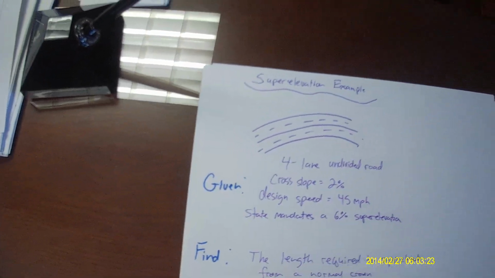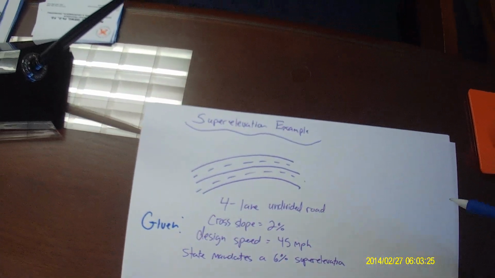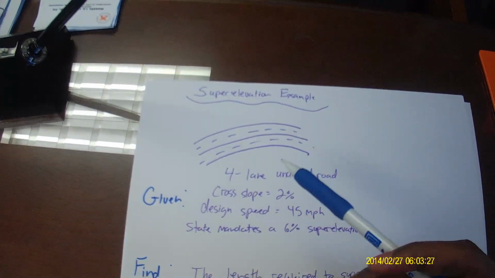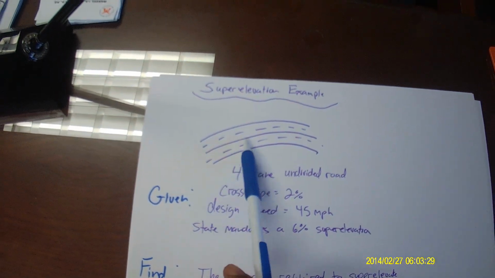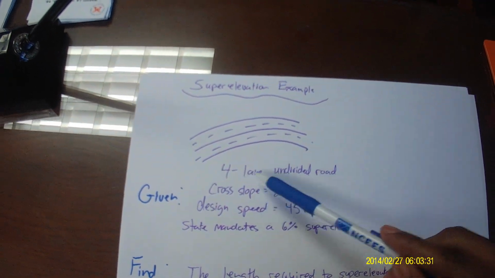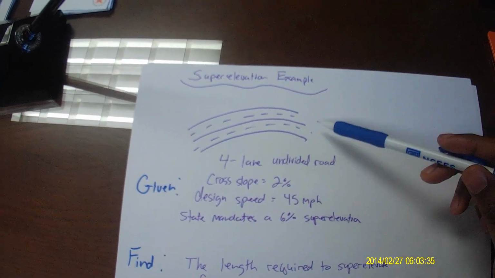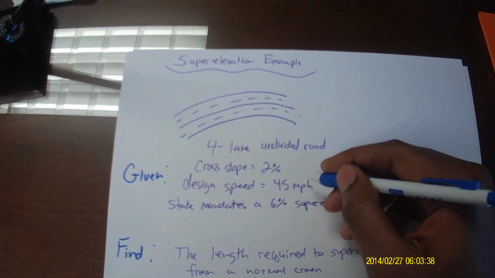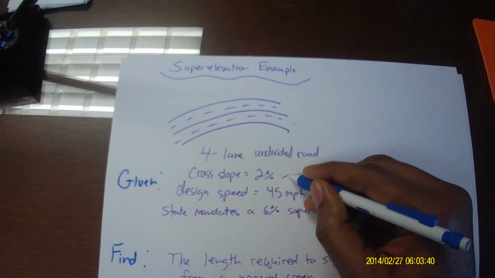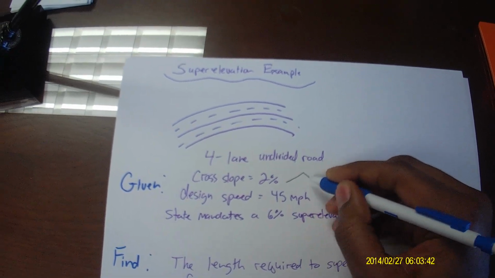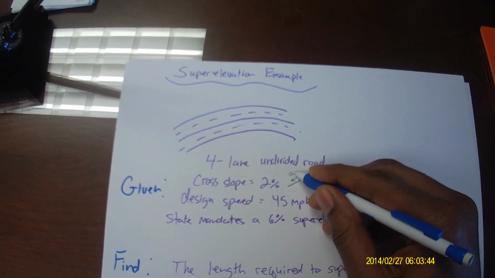Here's a super elevation example. In this example, we have 4 lanes, and it's an undivided road. The cross slope has been given to you. Of course, the cross slope, if you look at it in the cross-sectional view, is 2%, just to help out with drainage.